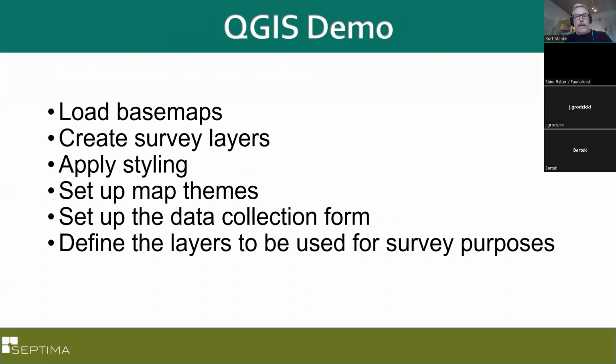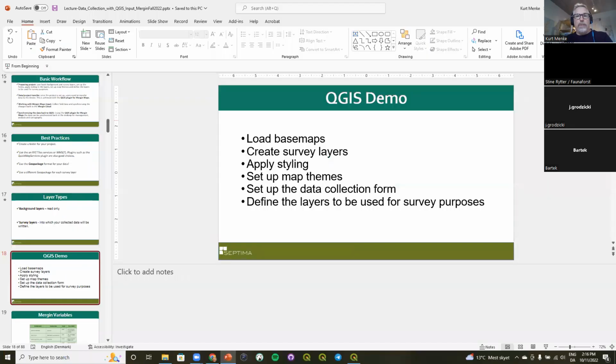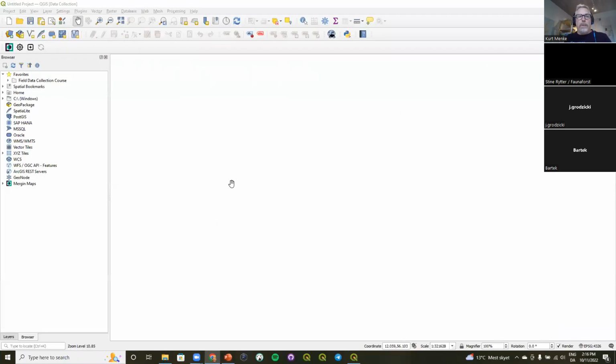Okay, so with that, I'm going to get into QGIS and start this demo. So I am in QGIS 3.2.2, and I have a pretty brand new profile set up here, so it's pretty clean. And I'm going to start by adding an XYZ tile service.